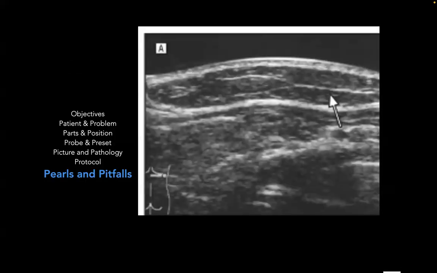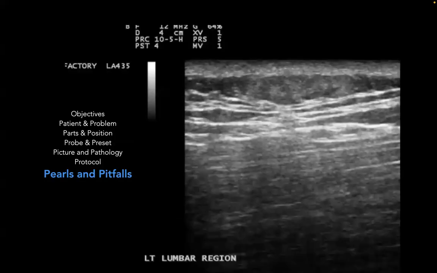It looks a little different than the one before. However, it's also still isoechoic, and it is surrounded by this white appearance of this sort of sac or the lipoma wall.